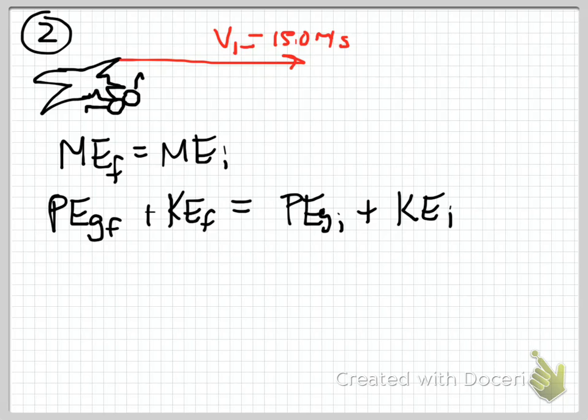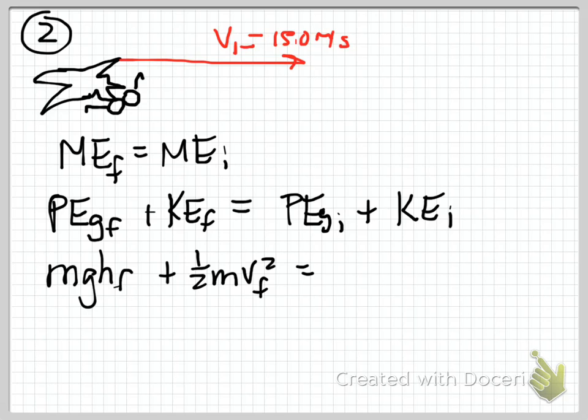So final gravitational is going to be mass, gravity, final height. Final kinetic will be 1/2 mass, final velocity squared. Potential energy initial is going to be mass, gravity, initial height. And the initial kinetic will be 1/2 mass, initial velocity squared.